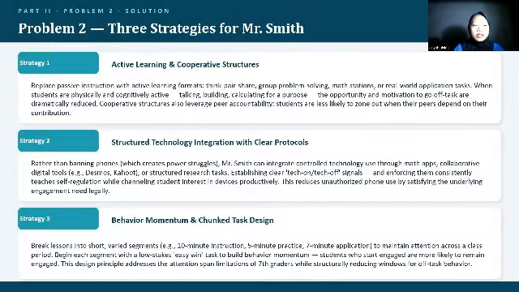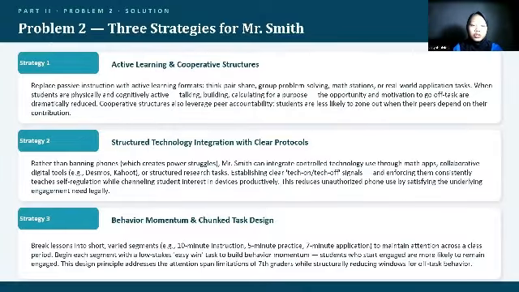When students are physically and cognitively active, talking, building, calculating for a purpose, the opportunity and motivation to go off task are dramatically reduced. Cooperative structures leverage peer accountability. Students are less likely to zone out when their peers depend on their contribution.